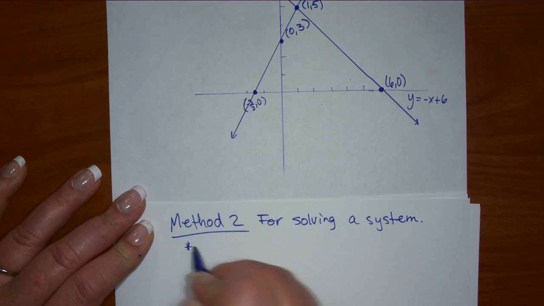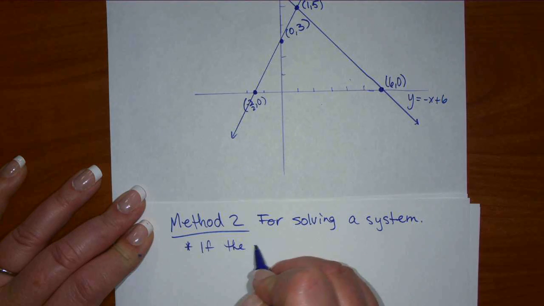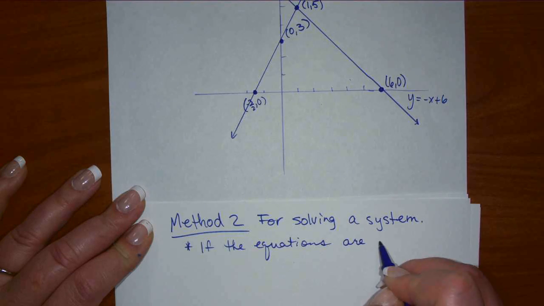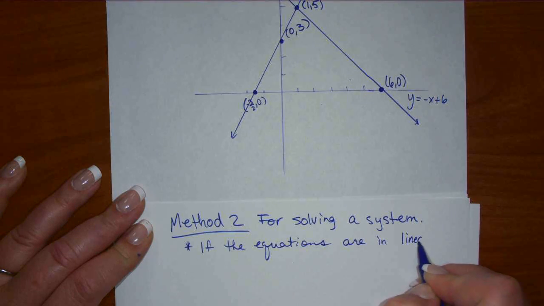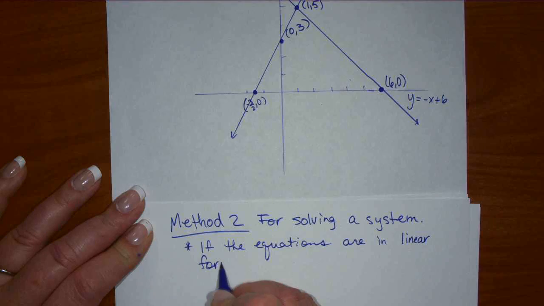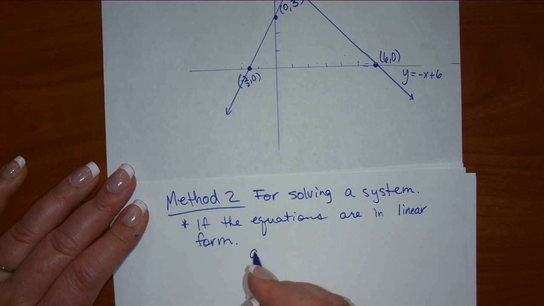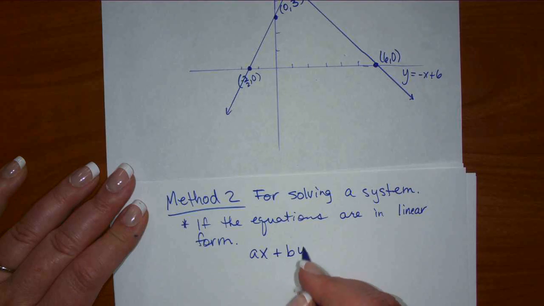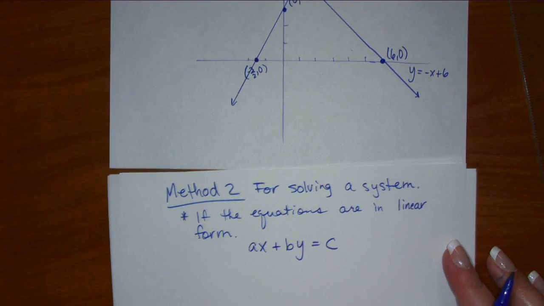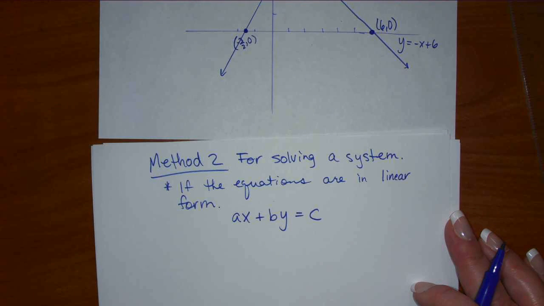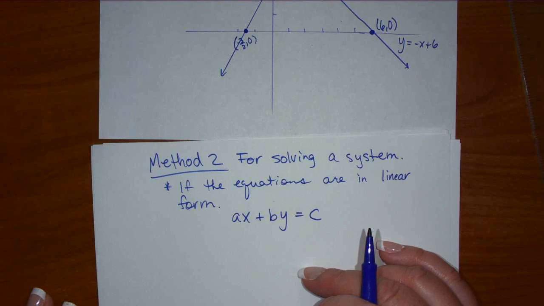So we use this one if the equations are in, I'm going to call it linear form. Sometimes people will call it standard form, general form, something like that, but I'm just going to say linear form. It's usually like this. So when you're given an equation of a line, it's usually already in slope y-intercept form, or it's in this form, which is sometimes called standard, sometimes called general, sometimes called normal.